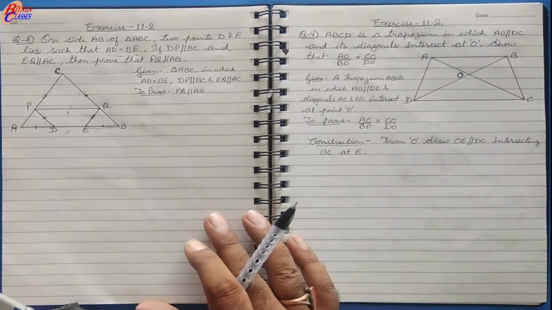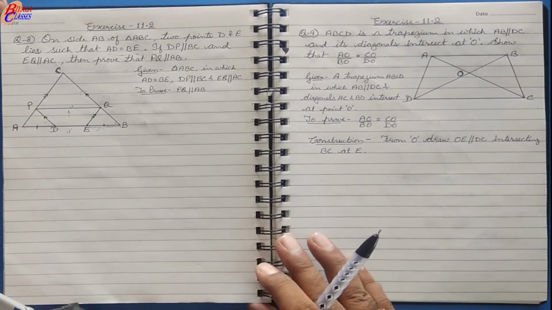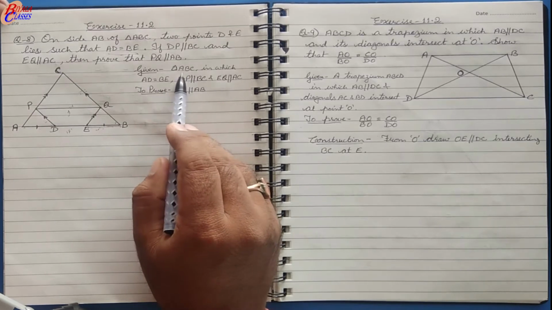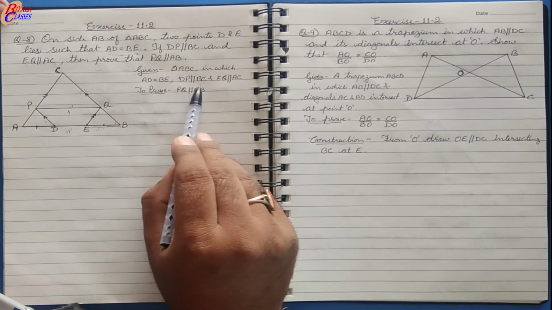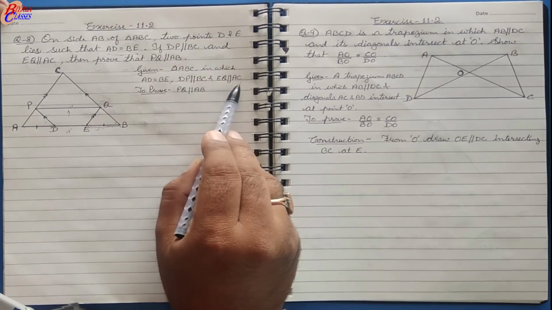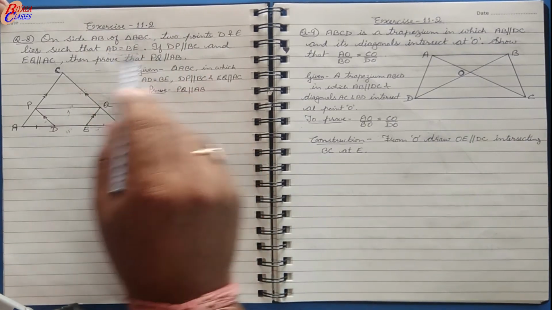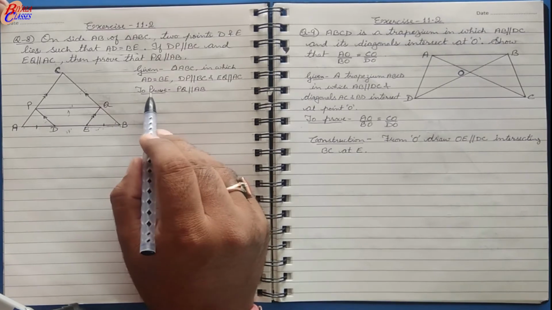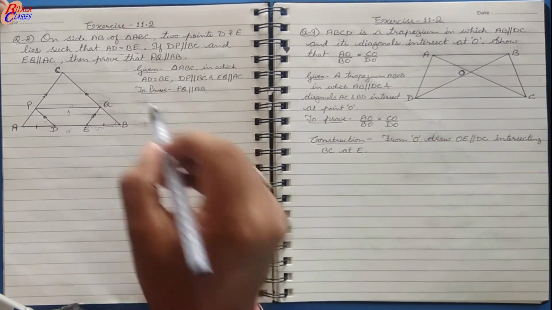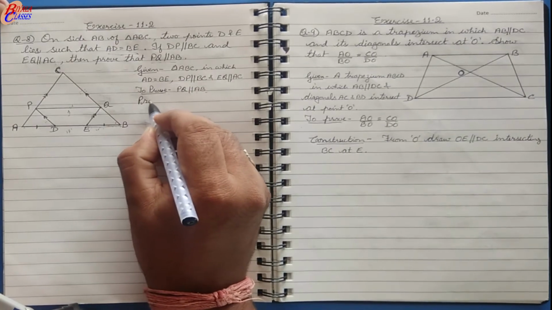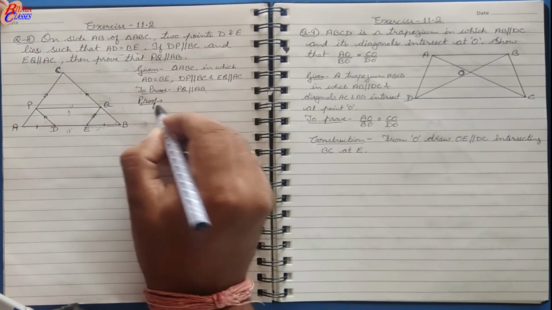So let's prove it. Given a triangle ABC in which AD is equal to BE, DP is parallel to BC, and EQ is parallel to AC. So it is as taken from the question. Now we have to prove that PQ is parallel to AB. Now let's move towards the proof of this question.